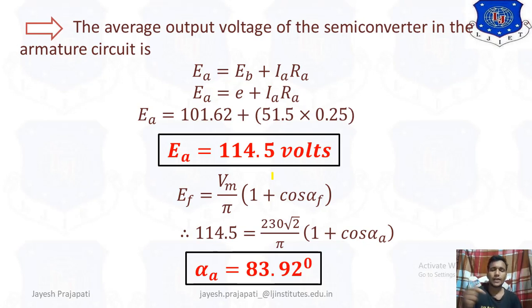With this gate terminal we control the DC voltage, and from this DC voltage we control the speed of the separately excited motor, from the armature side and also from the field side. So that is the angle 83.92. If we vary this angle, we control the speed of the semi converter drive.